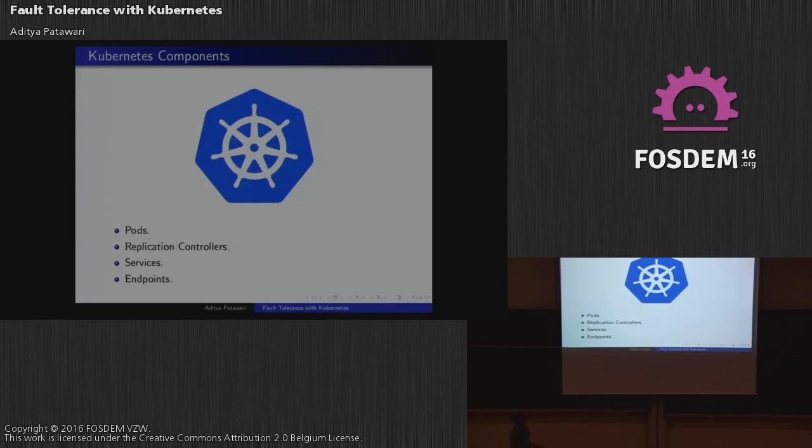All right. So the basic entities in the Kubernetes world are pods. Pods are the smallest indivisible entity in the Kubernetes world. That means that you cannot divide a pod further, right? The next entity is a replication controller. A replication controller can consist of multiple pods.